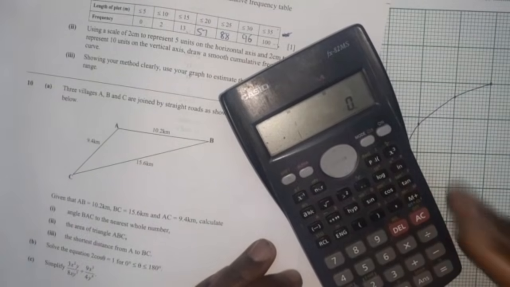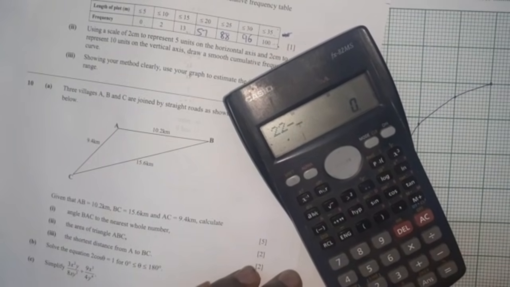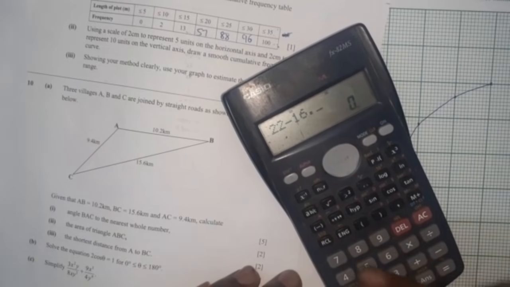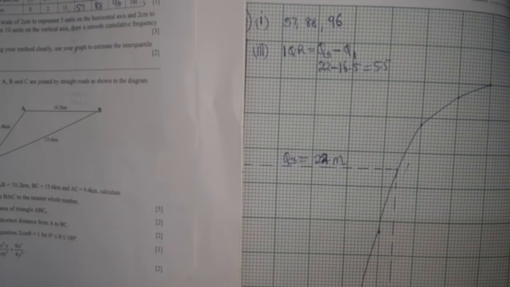What do we get? So we're getting 5.5. So 5.5 will be our answer here.